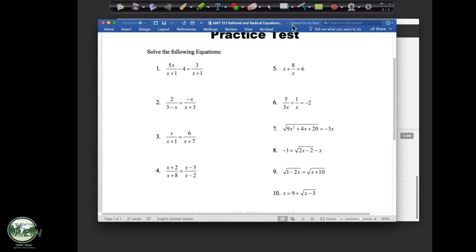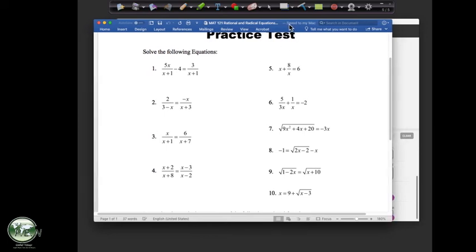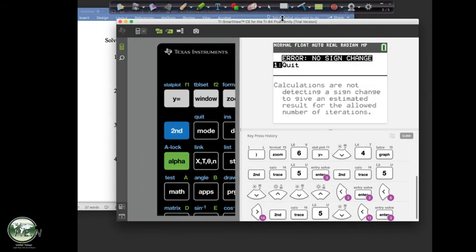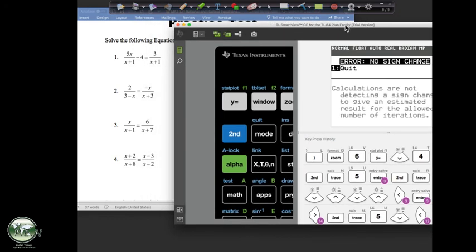So let's take a look. Let's see if I can have both on the screen at the same time. I think I can do that. Okay. As soon as I move that thing around, let me come back.